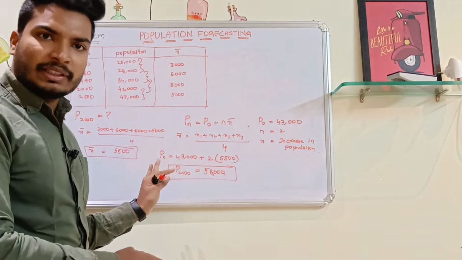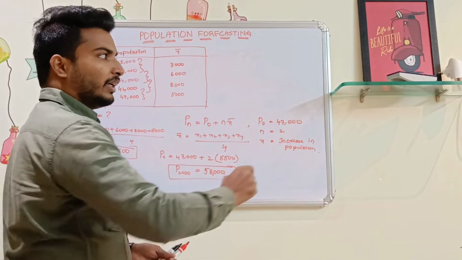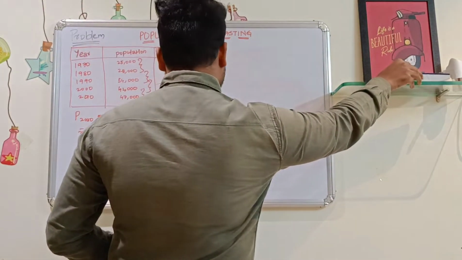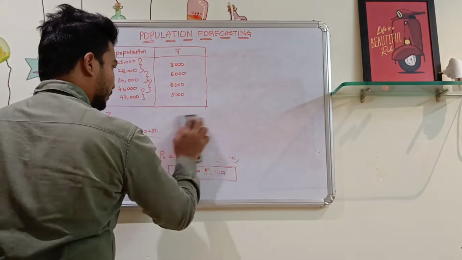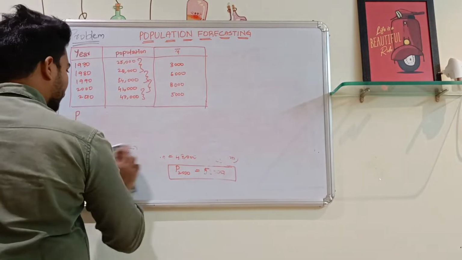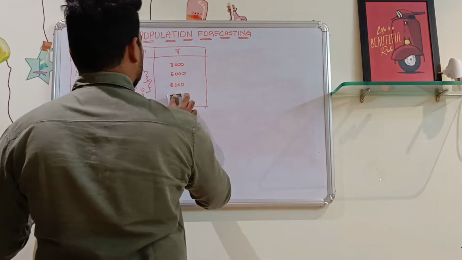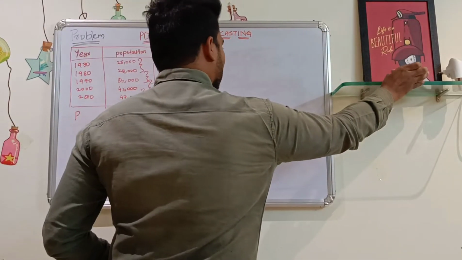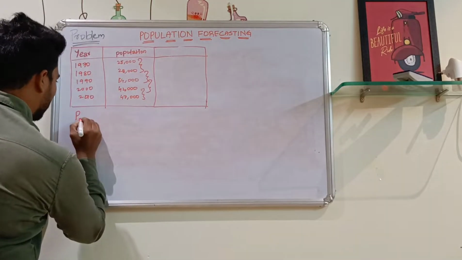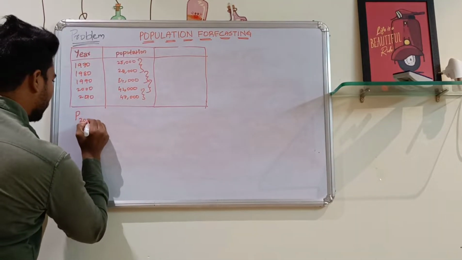So for the same example, right now I'll be solving by the geometric increase method. By the geometric increase method, we need to estimate the population in 2030. What is the population in 2030?